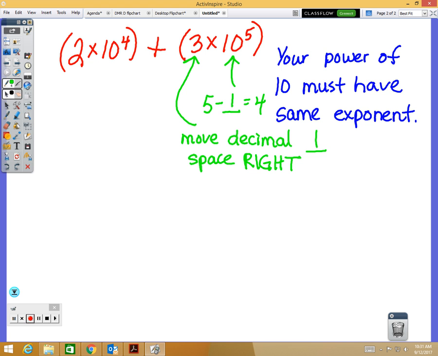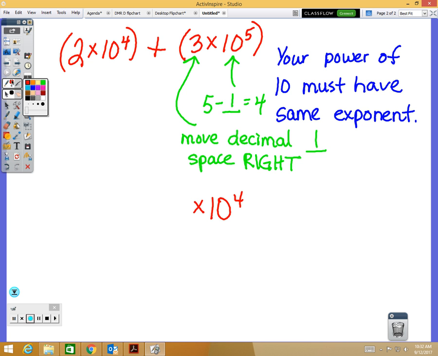Again, the reason that we're moving it 1 place is because we have to subtract 1 from 5 to get 4, so it's the same as over here. So this is going to become 10 to the 4th power.